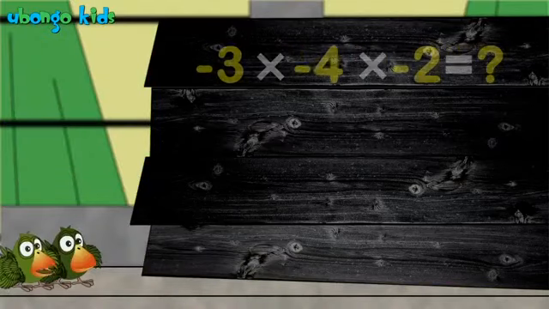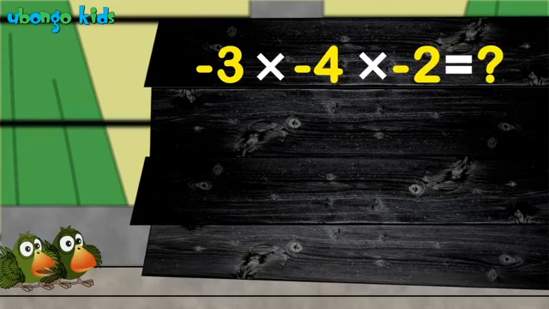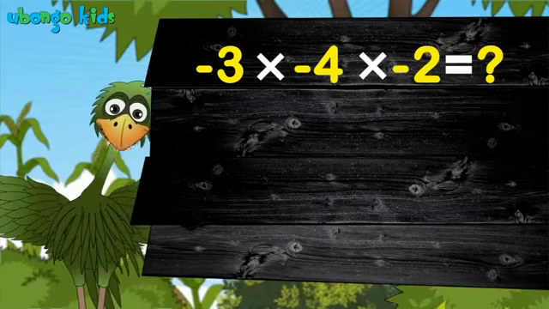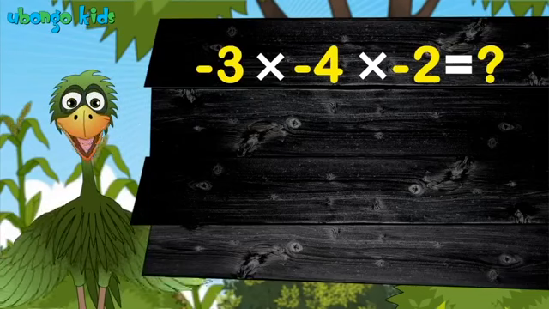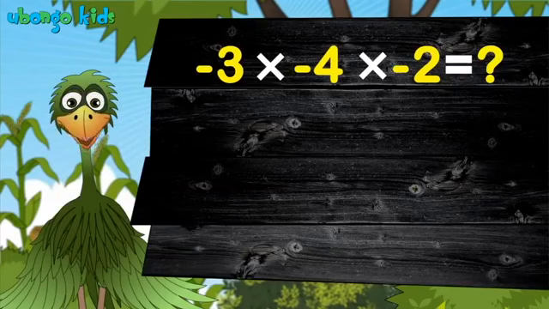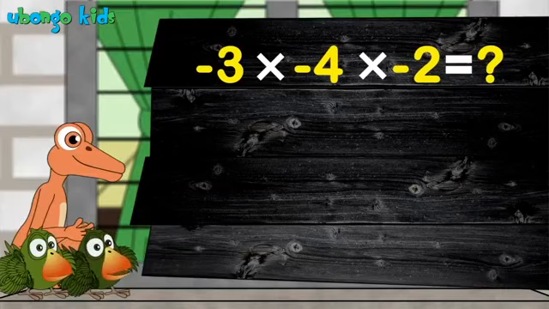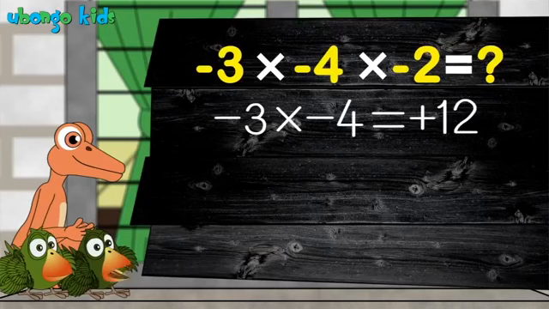So then, what's negative 3 times negative 4 times negative 2? Use your brains, kids. You can answer that yourselves. Just give it some thought and you can do it. We already know that negative 3 times negative 4 is positive 12.